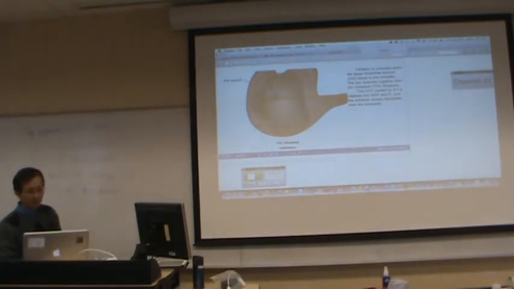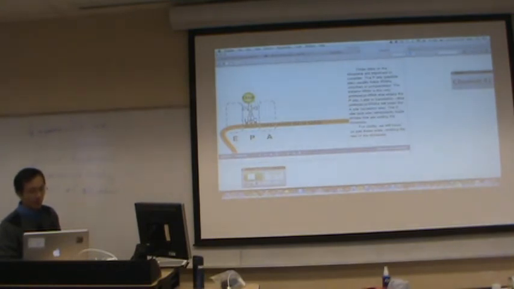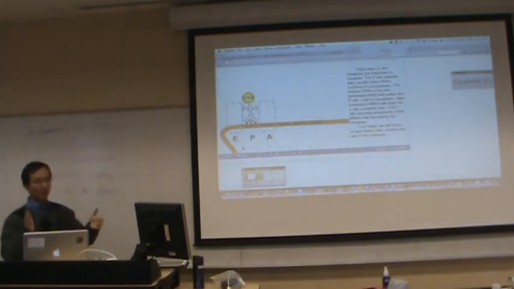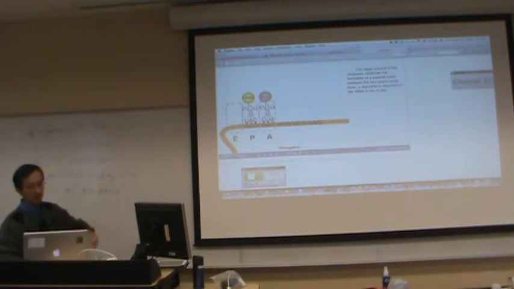Now it's the elongation part. Now this is at the so-called P site, and there are 3 sites for this whole thing to work: A site, P site, E site. Basically it's almost like an assembly line. Elongation, the green one, then move on to the next one, almost like a train moving.